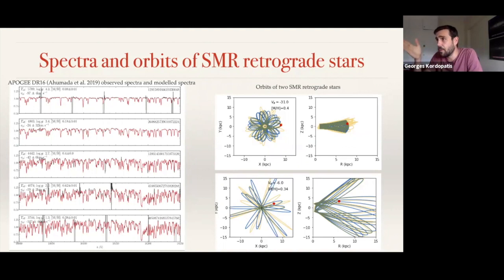You will never go from 220 kilometers per second prograde motions to 0 or even negative. You cannot go negative in principle. So in order to be negative, it is only stars that have been accreted, and that have been accreted on specifically retrograde or nearly polar direction.